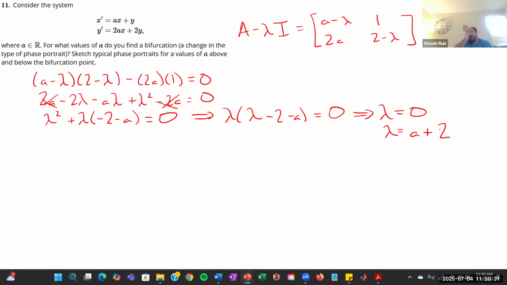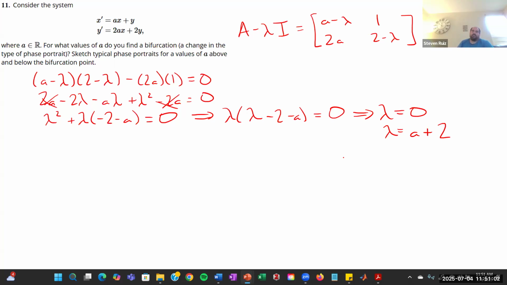So where am I going to have a difference in my phase portrait? One thing we've seen in this section is we know what this looks like. Basically, everything we've talked about so far is when our eigenvalues are real and distinct. So what's going to cause that to be different?